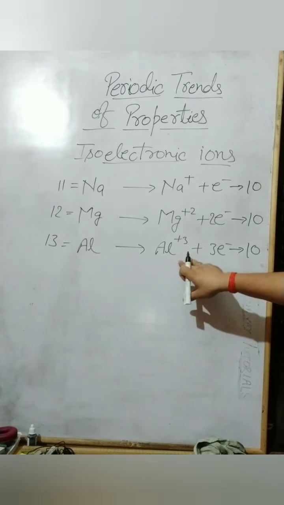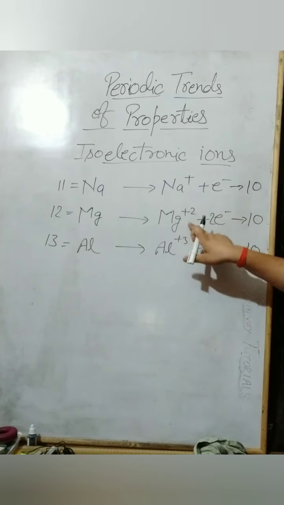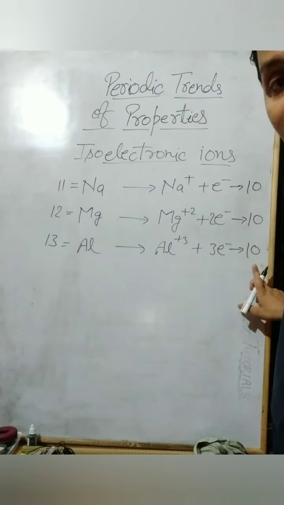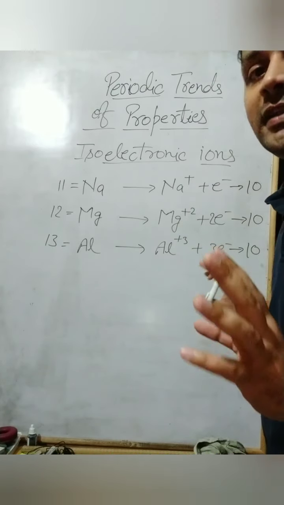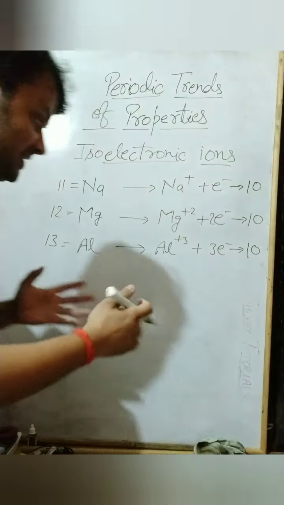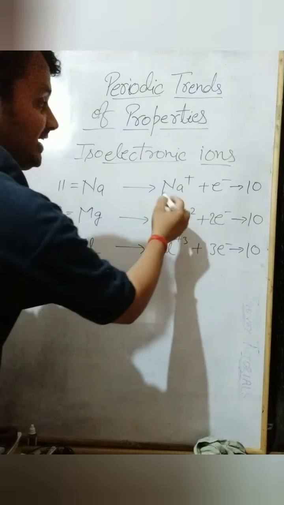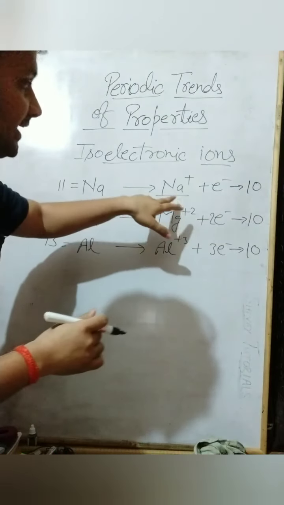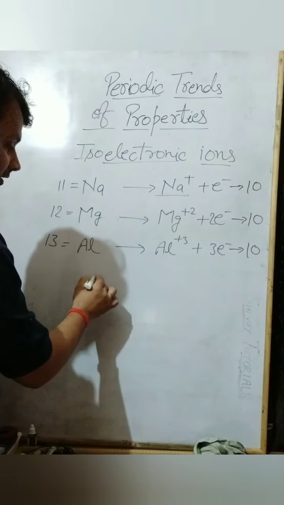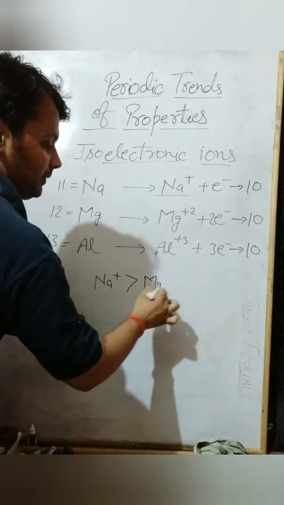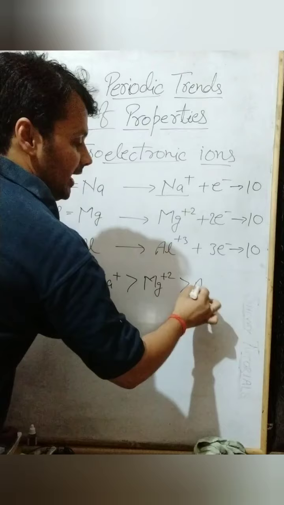These ions are called isoelectronic ions because they contain the same number of electrons left in them. So who will have the greatest size? Definitely the one which has the least nuclear charge, and that is sodium here. So the size will be like this: Na+ is greater than Mg2+ is greater than Al3+.